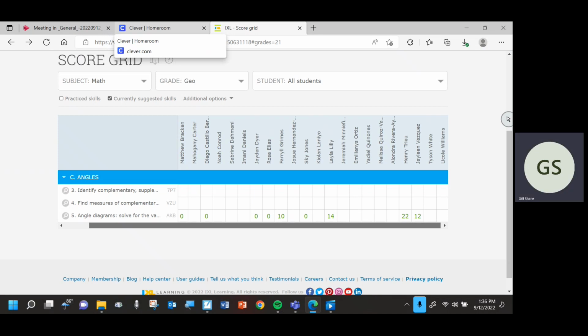Little plus little equals big, same thing. So figure out what the little is, figure out what the other little is, and then add them together and they equal big. What's the big angle? Measure the big angle. There you go. The little ones add together.